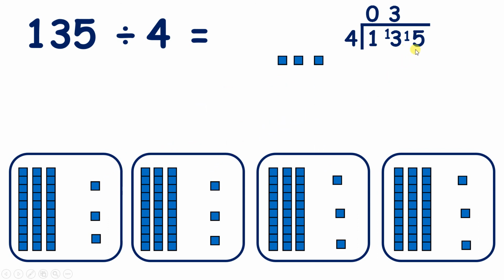So 15 divided by 4 is 3, remainder 3. We have 3 units in each group, and then 3 remaining units which we can't share out, so a remainder of 3. So 135 divided by 4 equals 33 remainder 3.